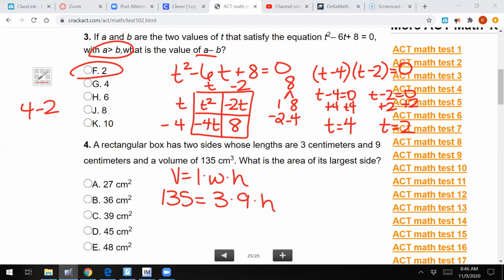Or if you didn't want to put the height there, you could just put the letter X to represent an unknown. We don't know one of the other sides. So to solve this out, what's the first thing I need to do? 3 times 9, which is 27. Okay. Now what do I need to do?